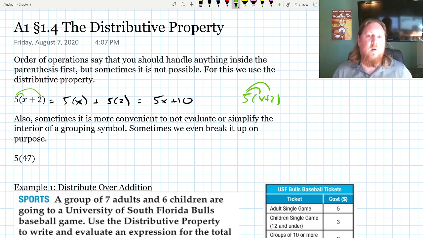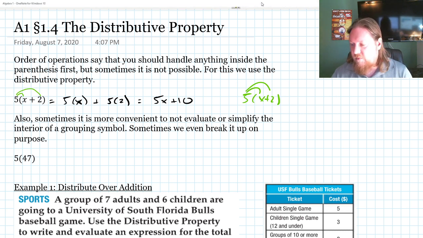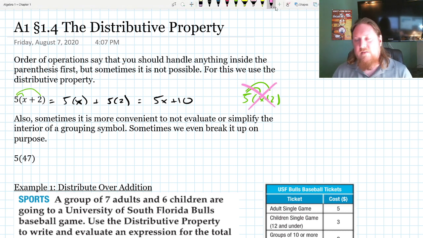So I usually don't use them because I think it causes a bit of confusion. This thing with the rainbows here, that's not an answer. That's just the process. So I usually don't write them down. Sometimes I do to make one thing a little bit more clear. But really what I like to see is 5 times the first part here, x, in parentheses.